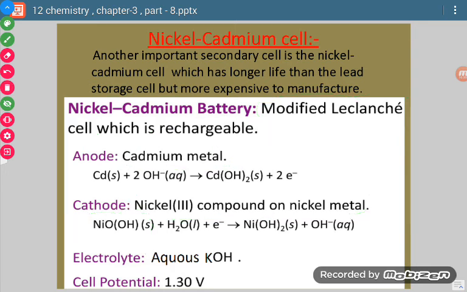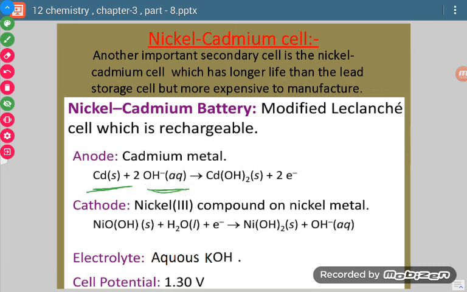So when we take these things and use this nickel cadmium cell, its picture is shown ahead, then what is the reaction which is occurring? See, this is the anode, so it will undergo oxidation. So again here what you have to remember is that OH negative ion will combine with the anode.